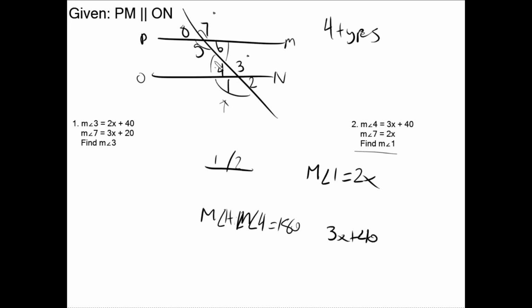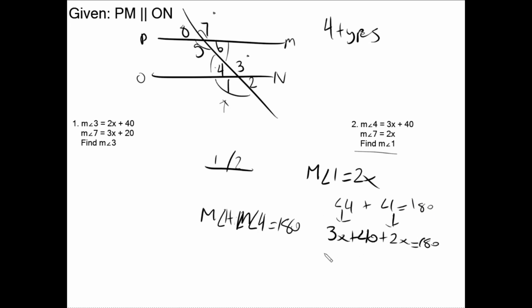And since measure of angle 7 and measure of angle 1 are congruent, we can do plus 2x equals 180 degrees, since this is angle 4, and this over here is angle 1, and these together equal 180.